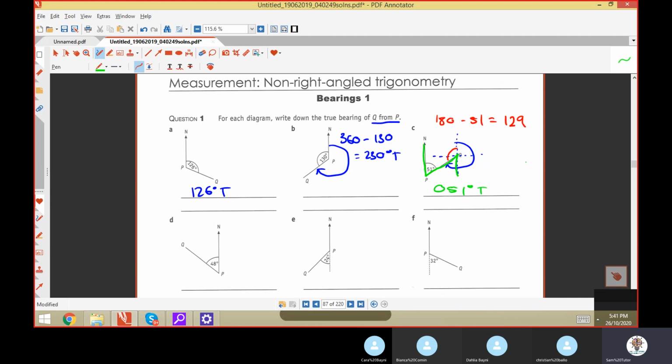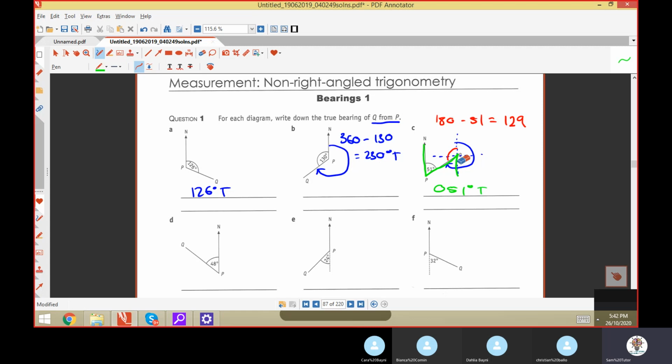There's a really good way you've got to see these bearings, and Daniel's pretty much showing it to you. It's all about alternate angles. So the one thing you want to take out of bearings is alternate angles.